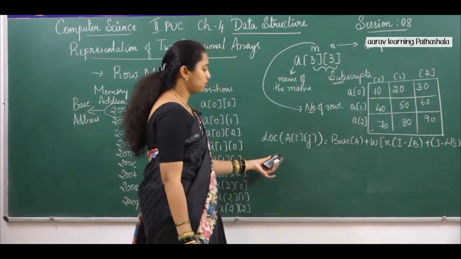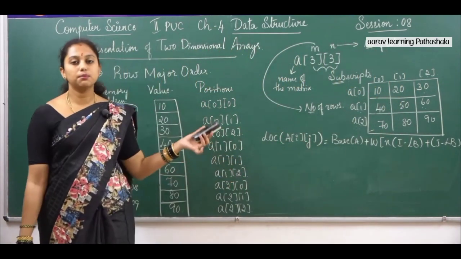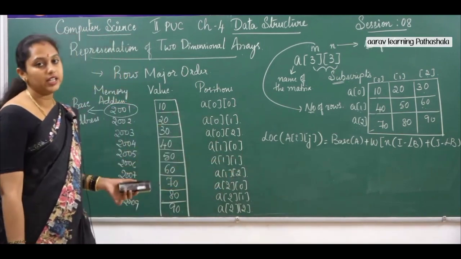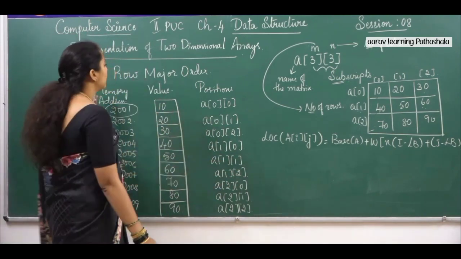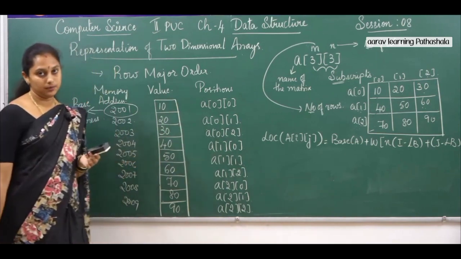So this is the formula to calculate the memory address of any element in an array using row major order.